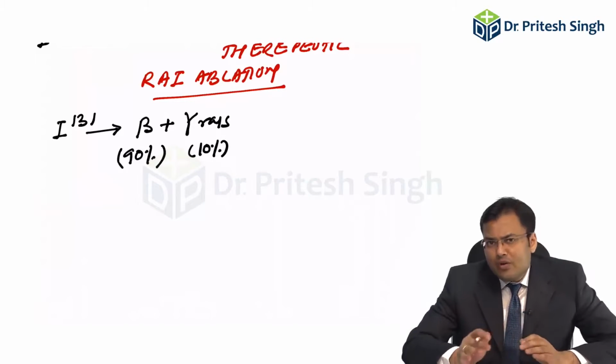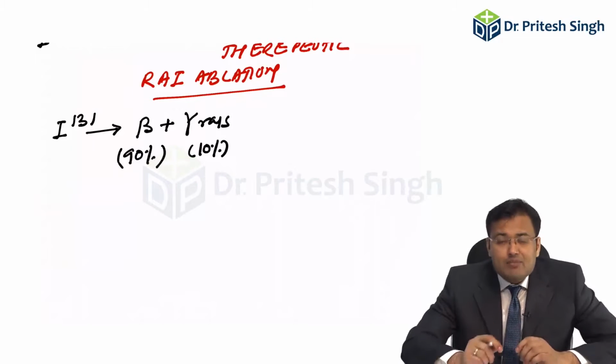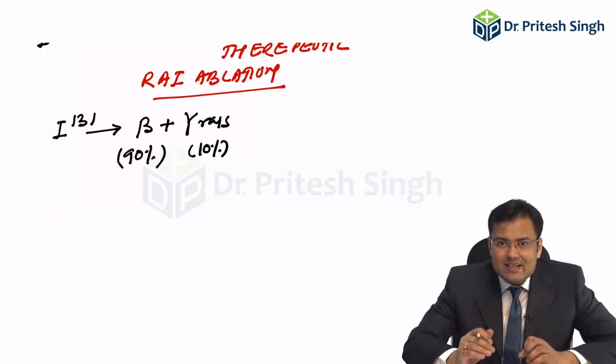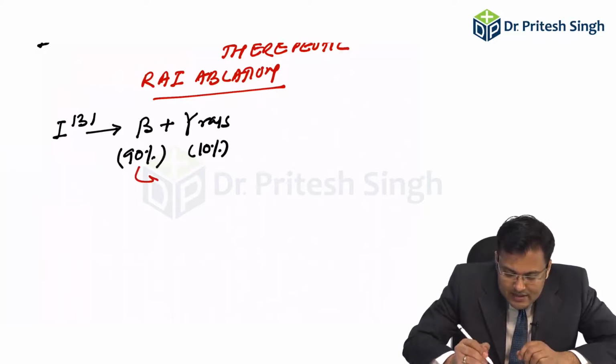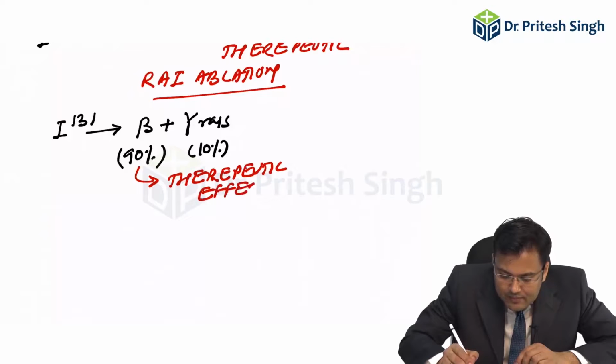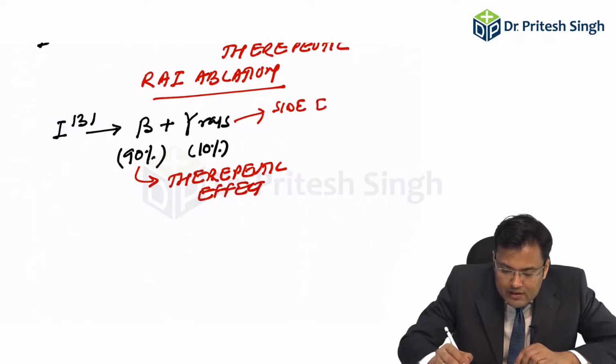Questions are asked. Which of the following rays are responsible for therapeutic effect, and which one is responsible for side effects, and which one is used in tracer studies? Beta rays are responsible for therapeutic effect, means for the ablation of thyroid, and gamma rays are responsible for side effects.